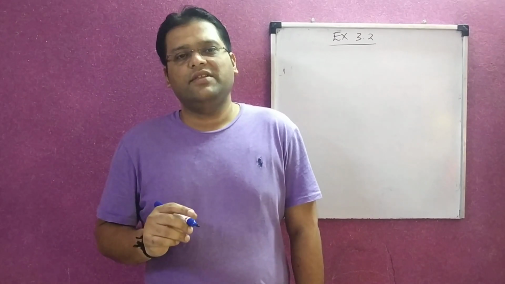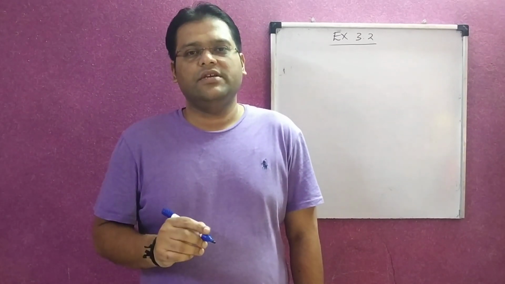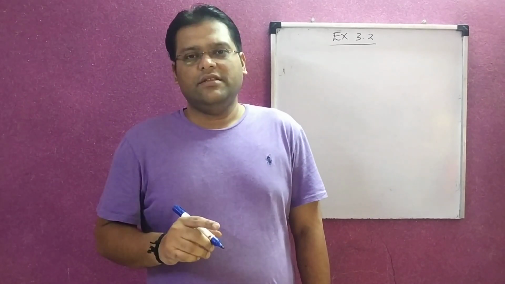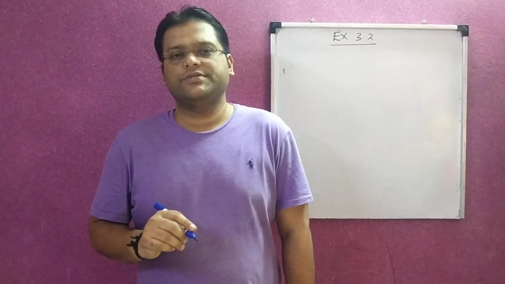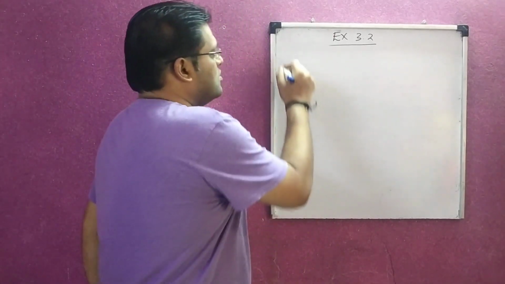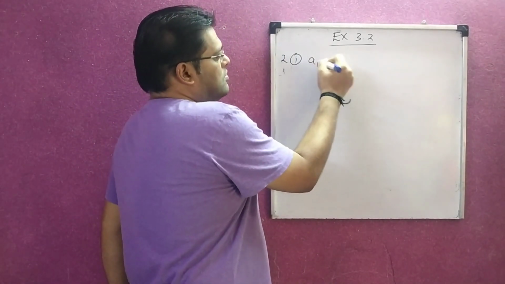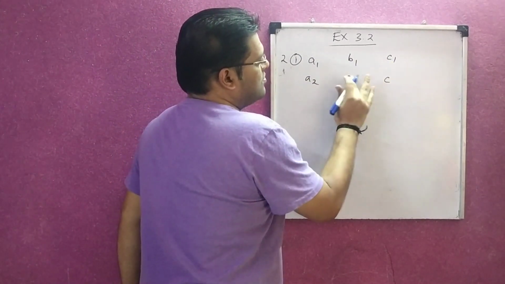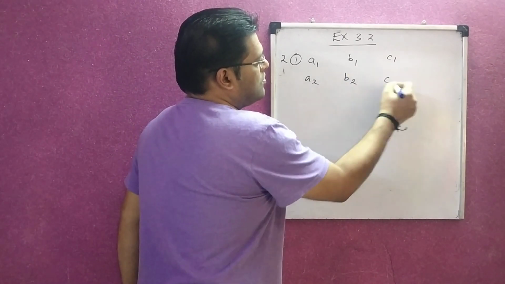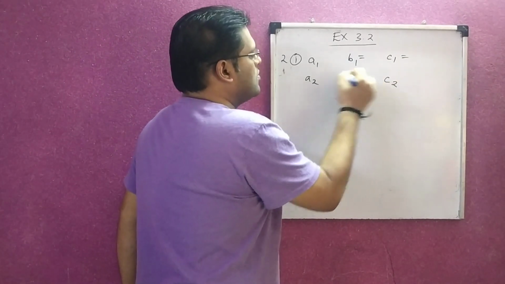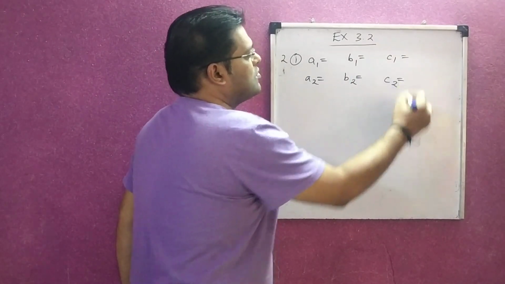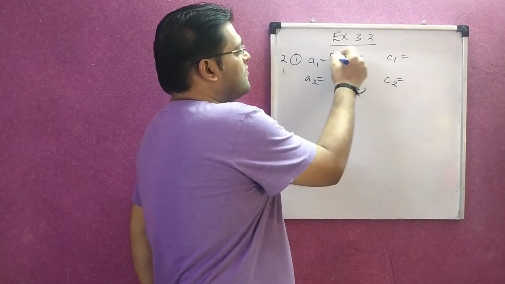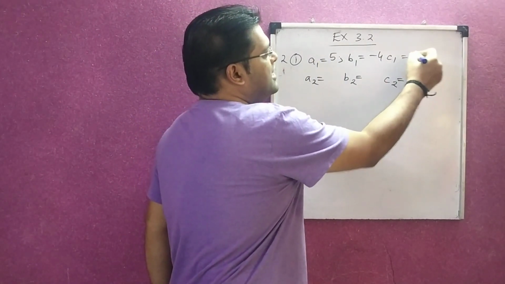So first we will write these particular equations given in the standard form, and once you have written them in the standard form, then you are going to compare the ratios. So for the first equation, the values for A1, B1 and C1 are 5, -4 and 8.